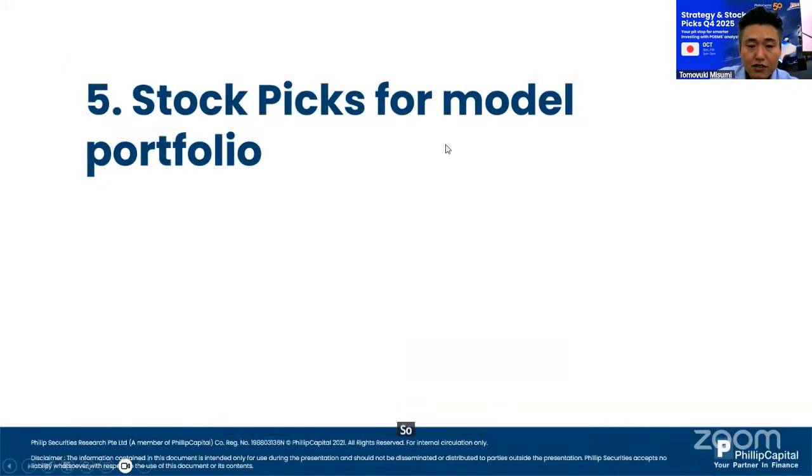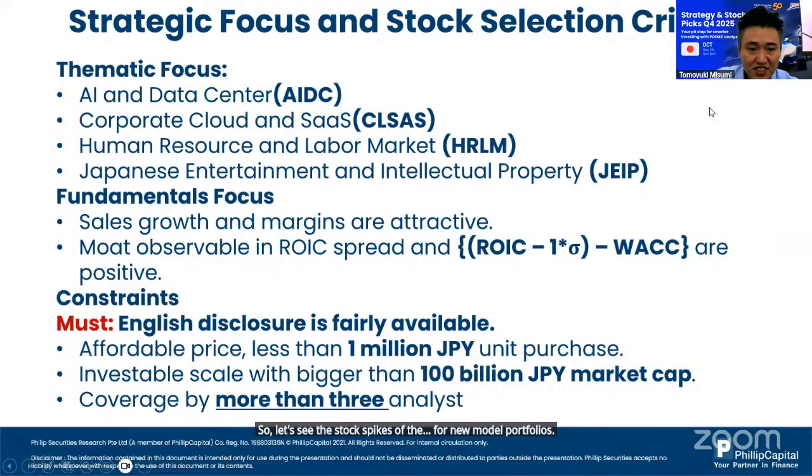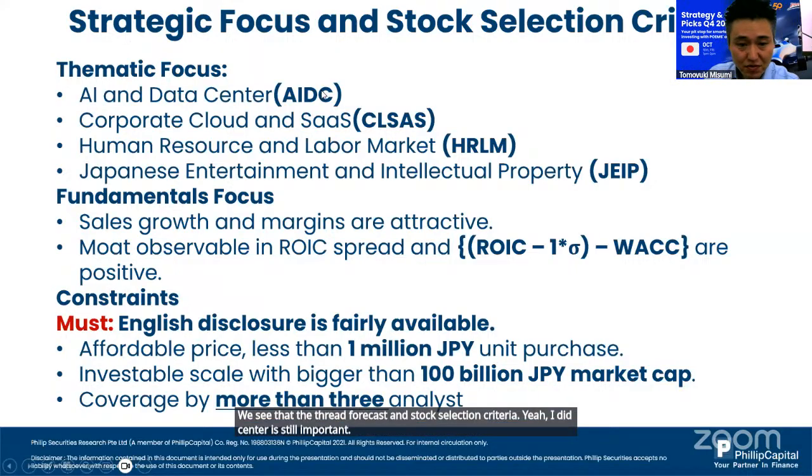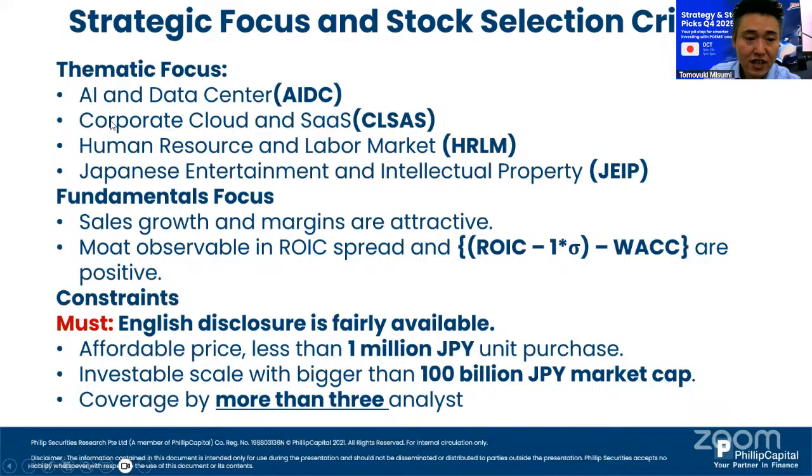So let's see the stock picks for the new model portfolio. We see some strategy focus and stock selection criteria. AI and data centers are still important for strategic consideration, and also corporate cloud and services.